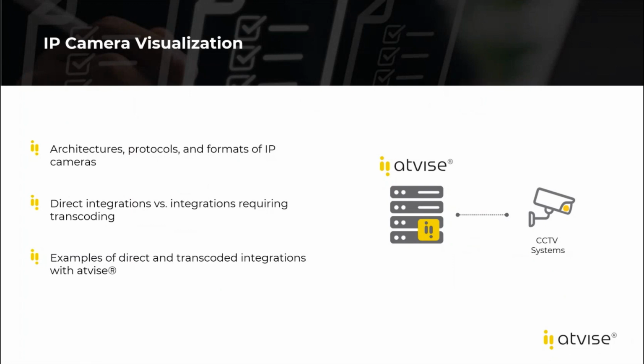Once you know these protocols and formats, you will be able to identify if the integration will be direct or if it requires some transcoding. We will show you some examples right now about these two kinds of IP camera integrations with atvise, examples of direct integration and transcoded integration.